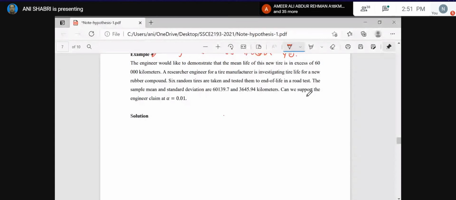Hypothesis: H0 is mu less than 60,000 kilometers against H1, mu greater than 60,000. Okay, this is fine.